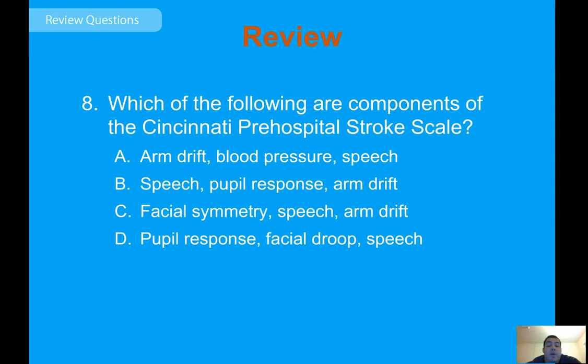So which of the following are components of the Cincinnati pre-hospital stroke scale? So remember there were 3 components. Remember what I talked about? What are the 3 main signs and symptoms of a patient having a stroke?